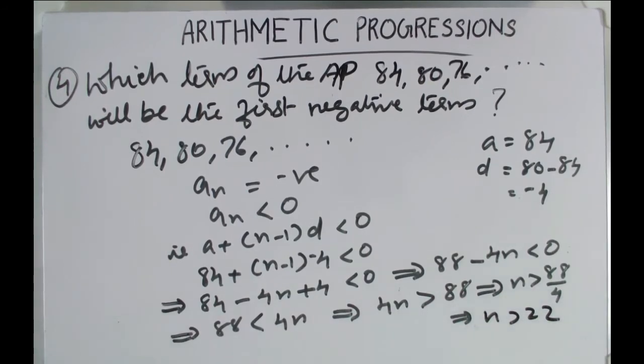So the first negative term will be the 23rd term. The first negative term will be the 23rd term because n is greater than 22. n is not equal to 22, n is greater than 22. So the first negative term will be the 23rd term.